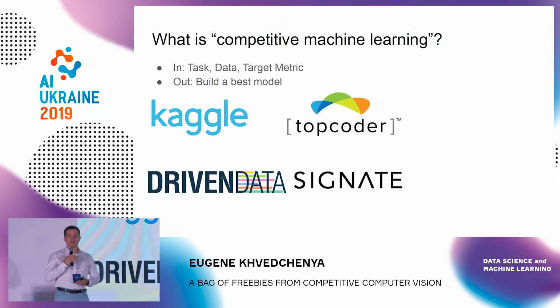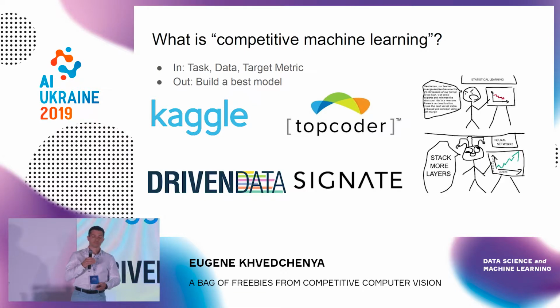One can list probably the most well-known platform, Kaggle. There are also TopCoder, DrivenData, and also a Japanese platform like Signate, where one can find plenty of different competitions of any kind. It can be image classification, segmentation, object detection, time series predictions, and one can find a solution related to their work.